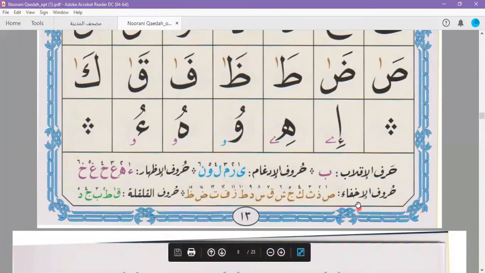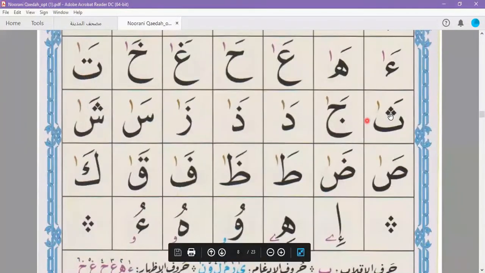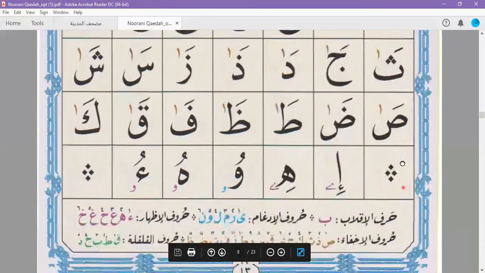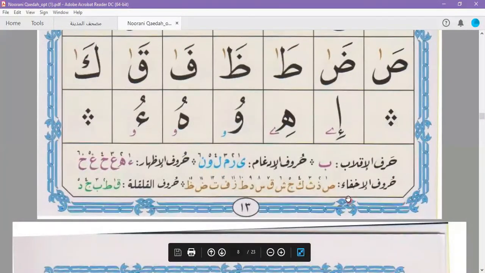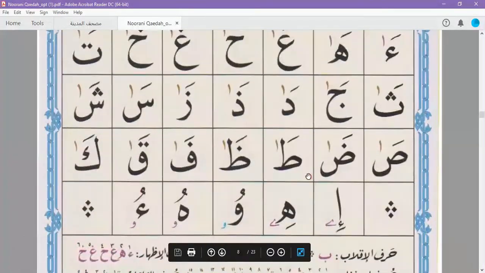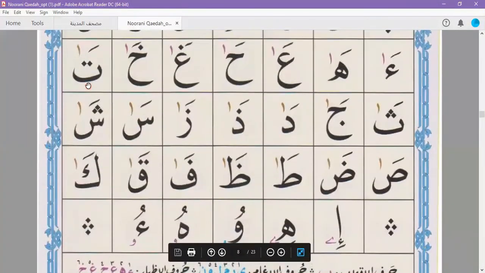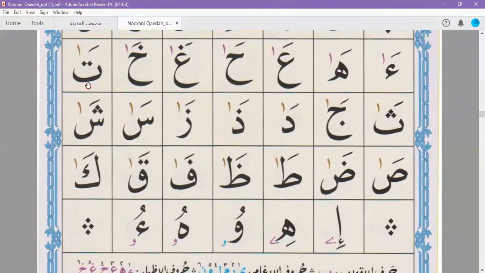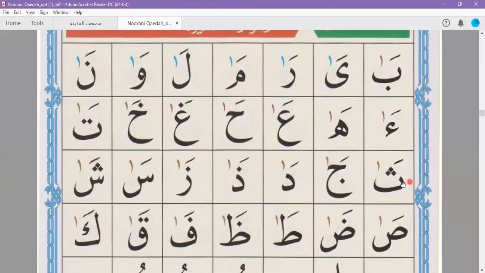Okay, and then the remaining 15 letters are with tan colored alif saghira, and these 15 letters are huruf al-ikhfa. Now look at this one. This is from the huruf al-hijaa, from the Arabic alphabet, that ta and then tha, and then so from alif, ba, ta, tha, ba is here, and then ta, tha, jim.